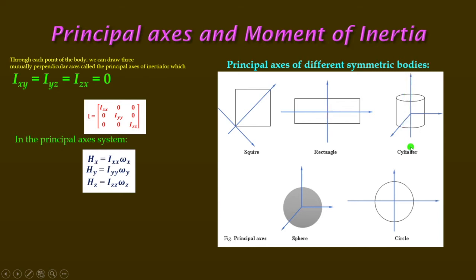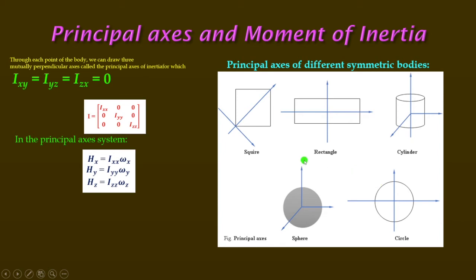For the cylinder, it is along the height, meaning the axis, and the perpendicular direction, like this. For a two-dimensional object there are two principal axes. For a three-dimensional object there are three principal axes. For a sphere these are the three axes, and this is for the circle.